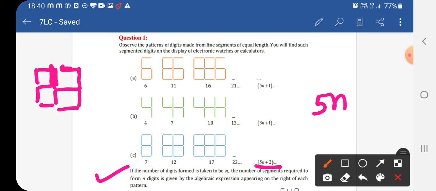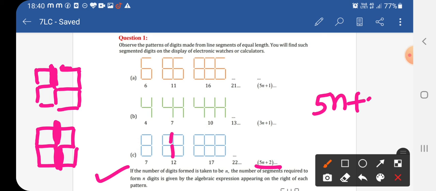Then why plus 2? Because if it was 8, how many segments am I getting from the first one? To make the upper box, the upper circle, one is already there, this one is already there, and in the downward one, this one is already there. I don't need to make these two segments again. I am getting these from the previous one itself.